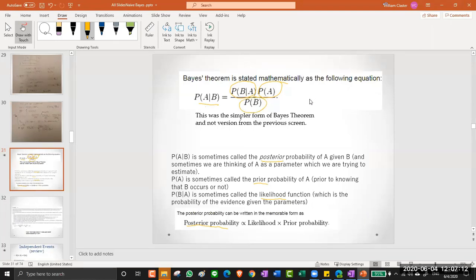If you have A equals B over C, and C is a constant, then you can say A is proportional to B, right? Does everyone agree with that?